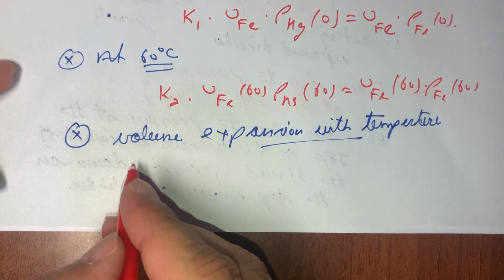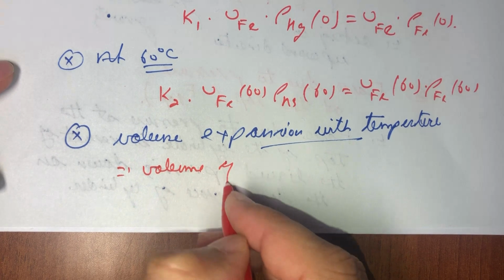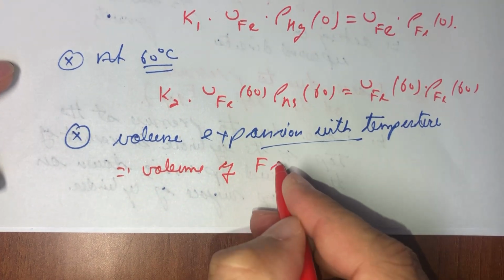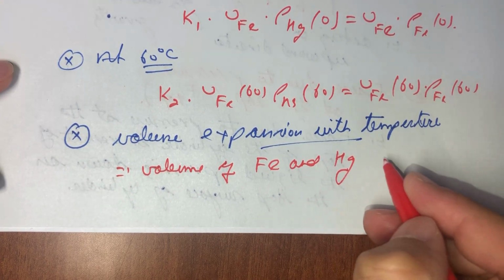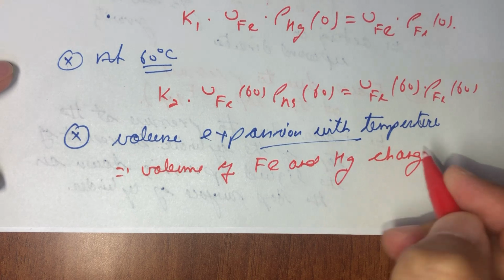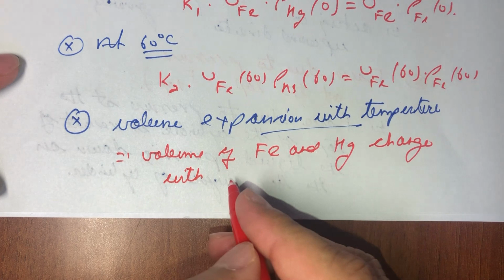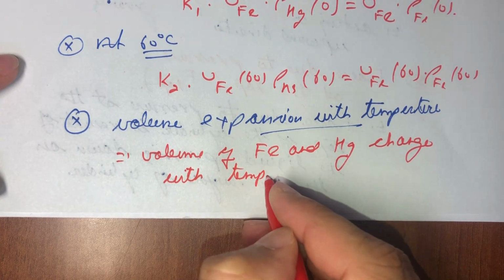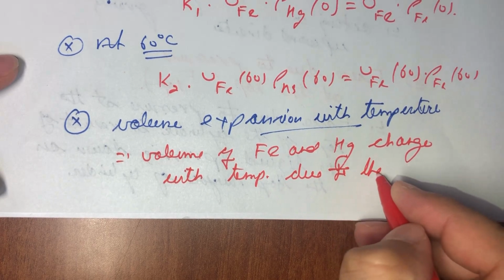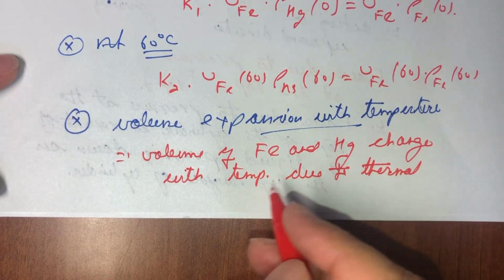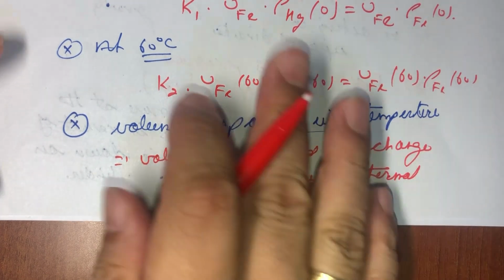So like I said, volume of iron and mercury changes with temperature due to thermal expansion.